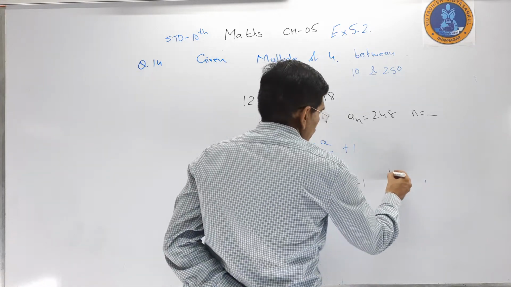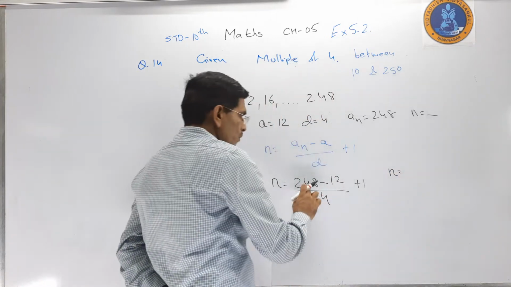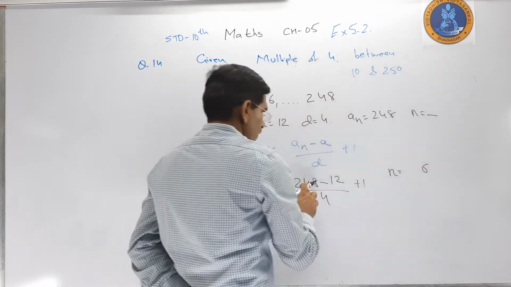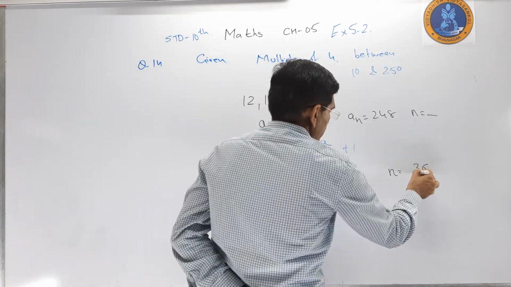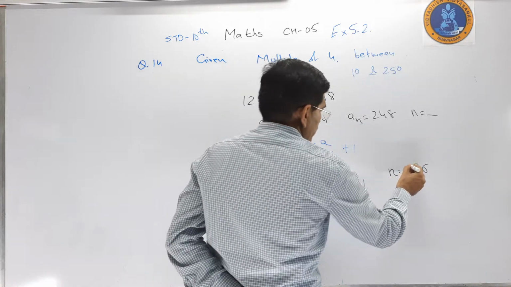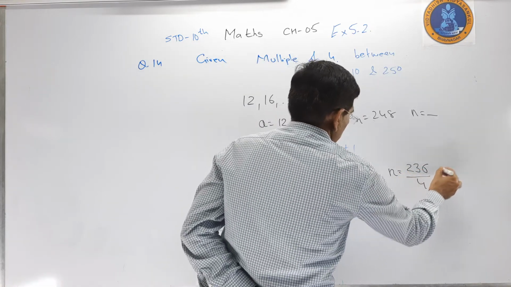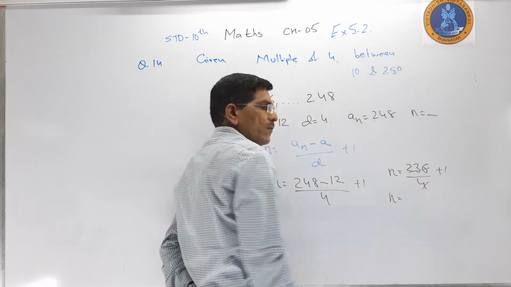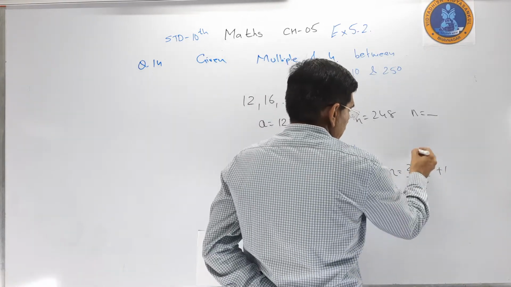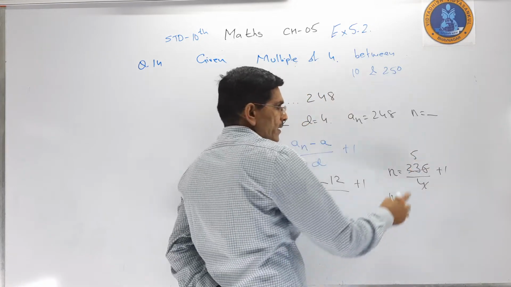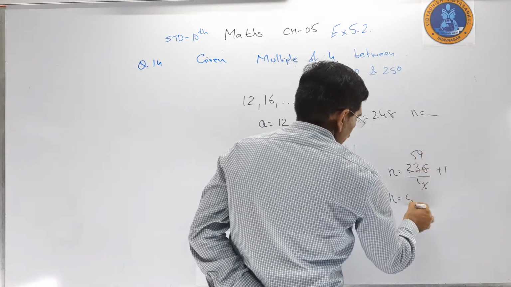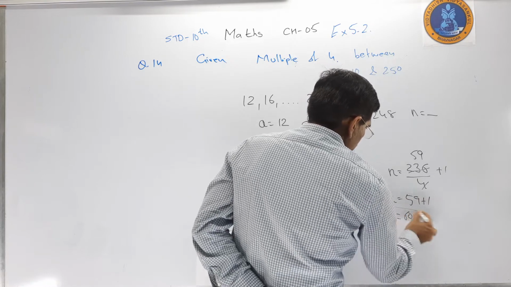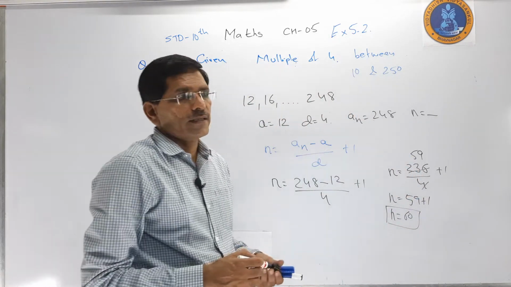So n is equal to 248 minus 12, that is 236, divided by 4, that is 59, plus 1. So n is equal to 60, which is the correct answer.